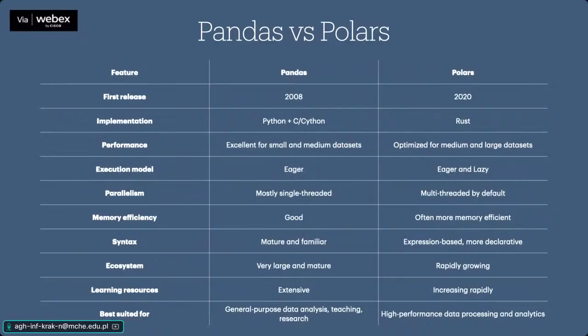This is where you can see Polars winning, and also Polars has very nice different ways of, for example, loading the data, where you can load only parts of the data, not everything at once, which is also helpful if you have very large data sets.